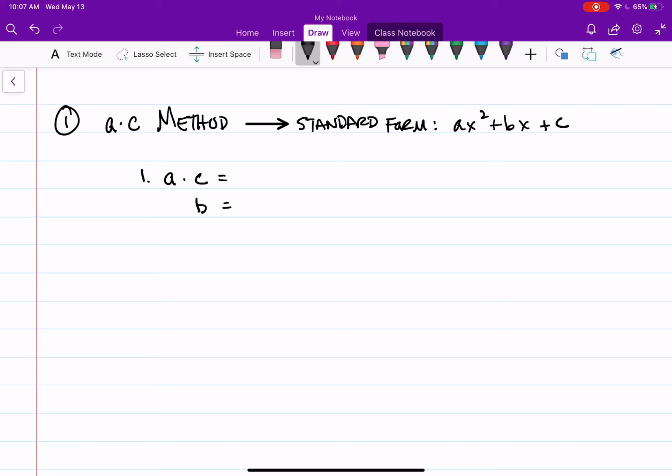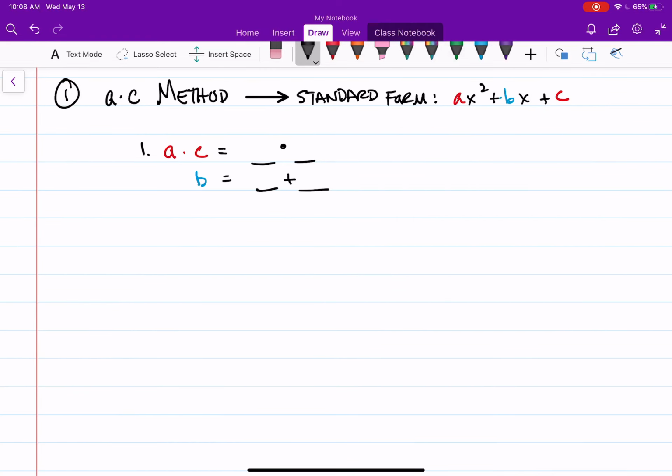Let me make this red, and this red, and then make this blue, and this blue. Essentially, we want to find two numbers that multiply together to give you the product of AC, and the same two numbers add together to give you the sum of B. I'll explain when I do an example here.